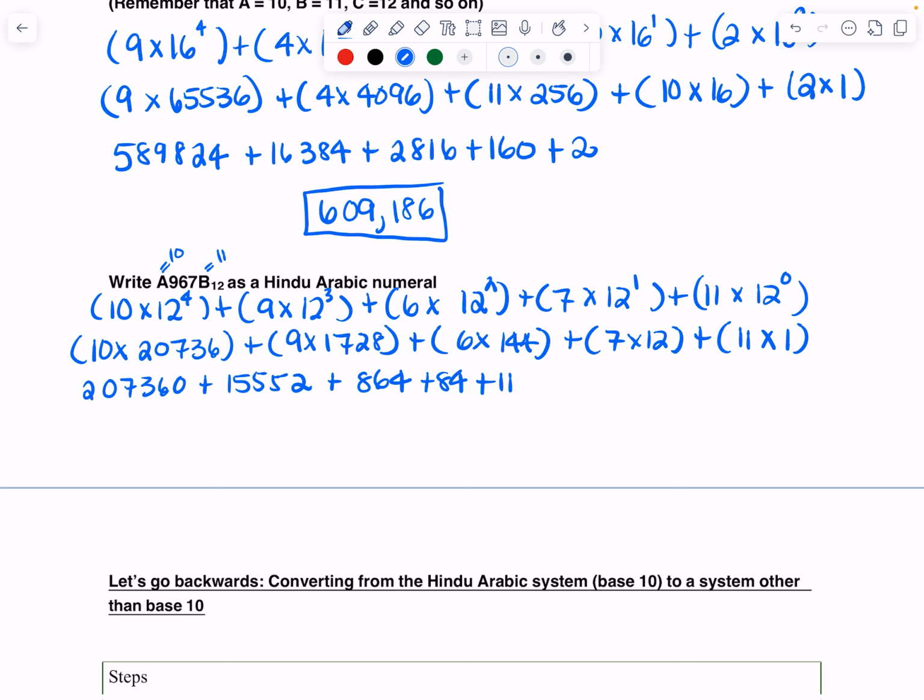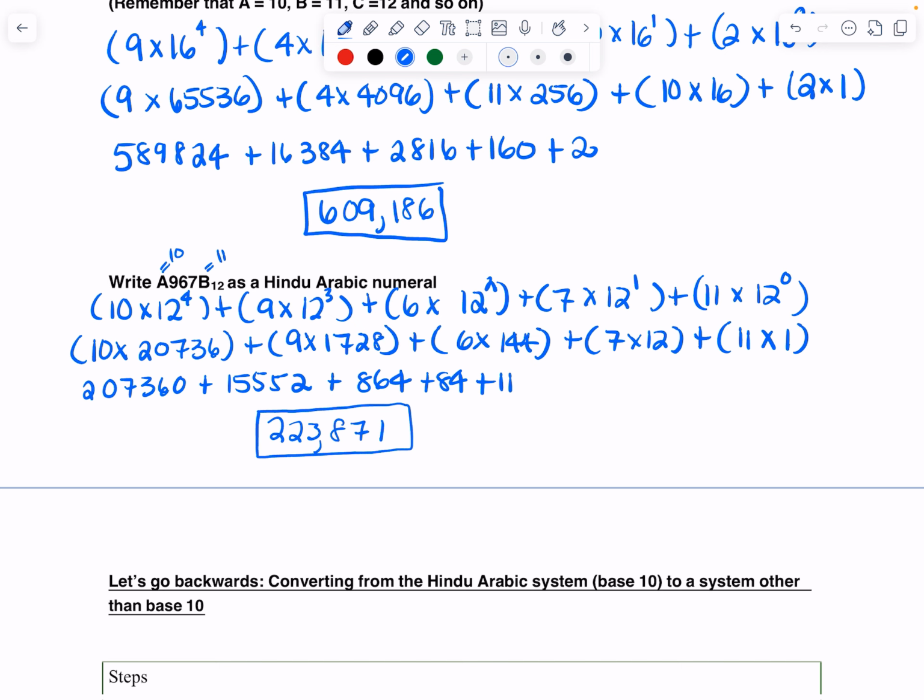Okay, when I added that up, and I'm just checking to make sure I have all the values in there, I got 223,871. So 223,871.